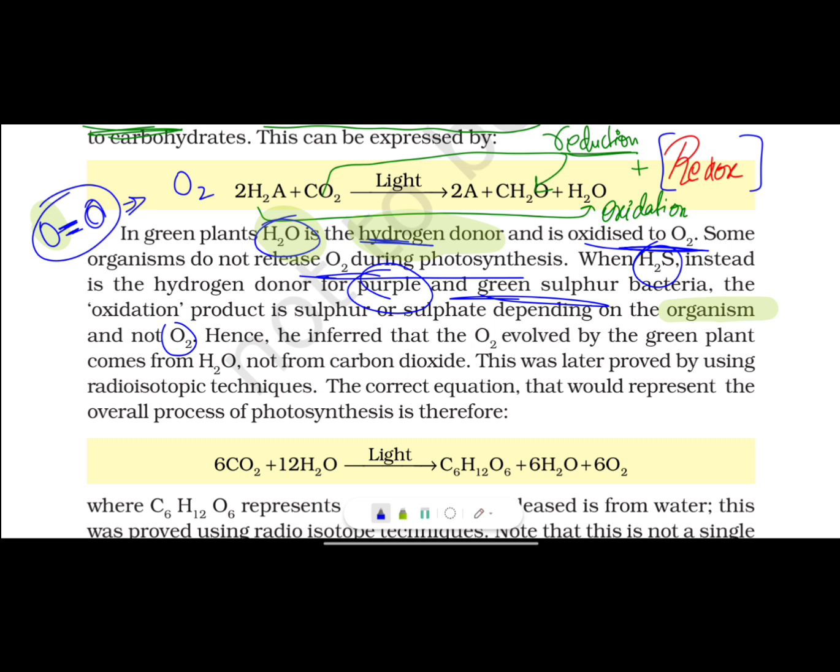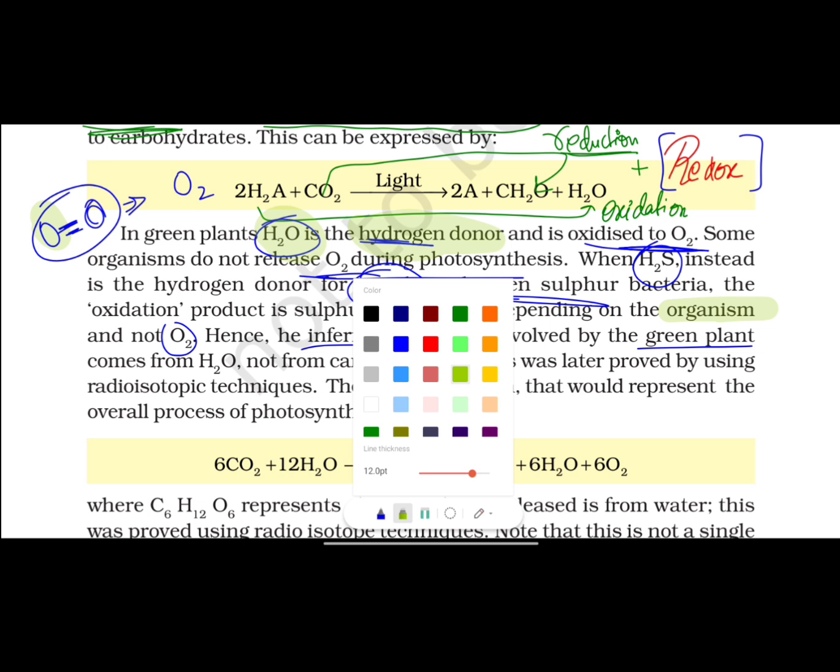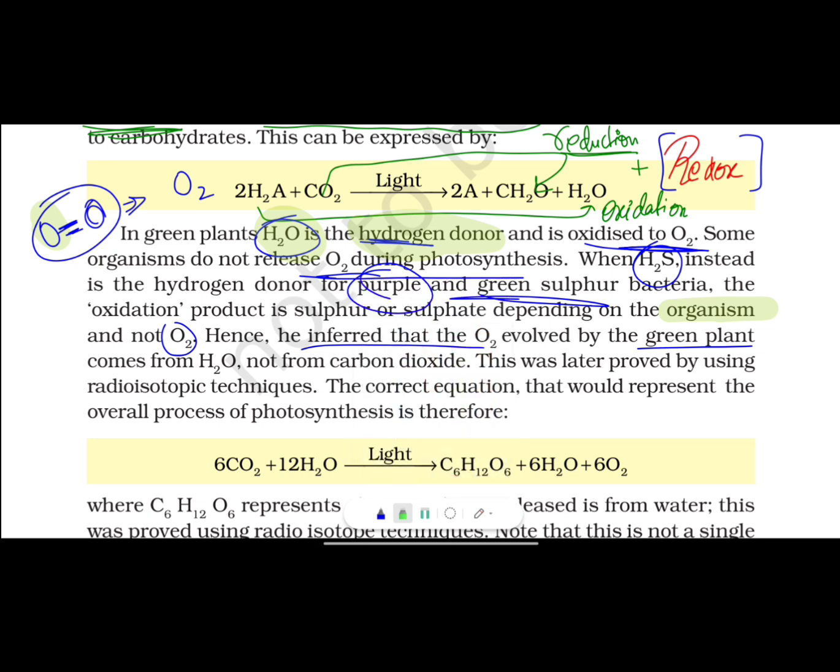Hence, he inferred that the O2 evolved by the green plants comes from H2O and not from carbon dioxide. Very, very important, they can ask you this as a statement. This was later proved by using the radioisotopic technique.